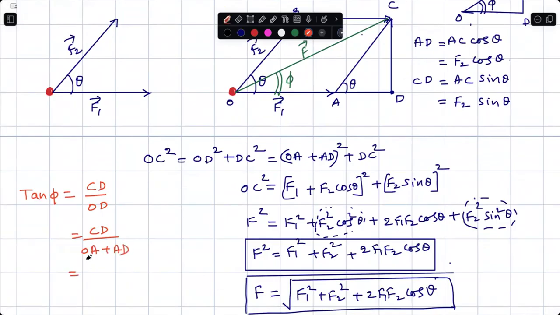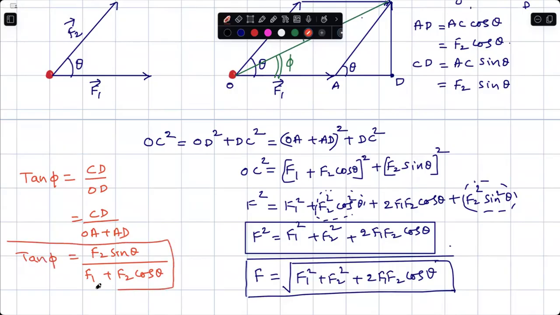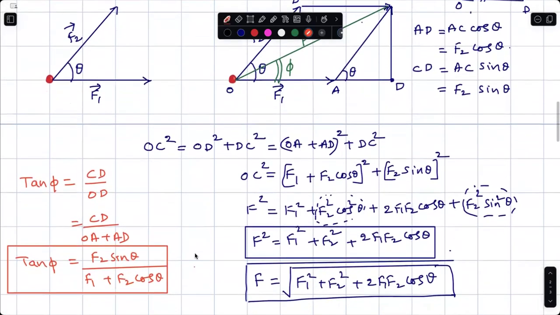Now you have all that available. CD is nothing but F2 sin theta, and OA is F1 plus F2 cos theta. Remember, now I have given you direction. Here you have magnitude. So I have given you the magnitude of the resultant and the direction of the resultant vector.